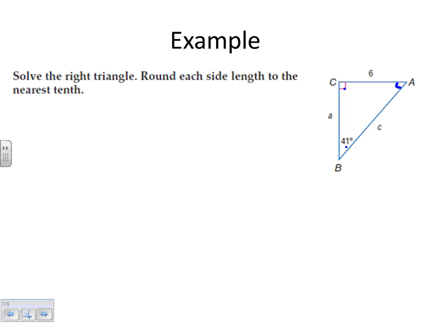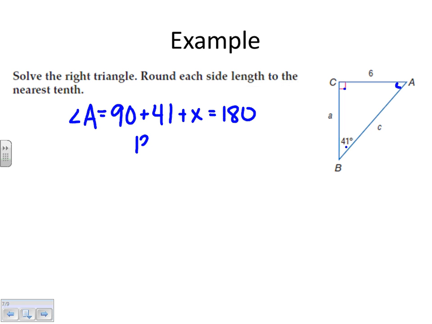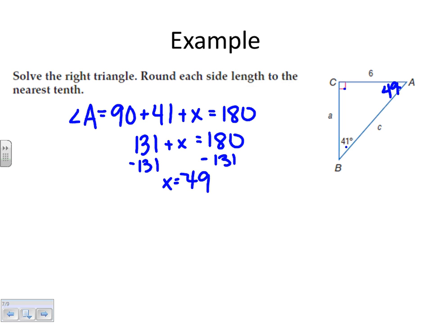So I'm going to go ahead and find that one first. So to find angle A, 90 degrees plus 41 degrees plus x equals 180. 90 plus 41 is 131 plus x equals 180. Minus 131, x equals 49. So this degree right here is 49.